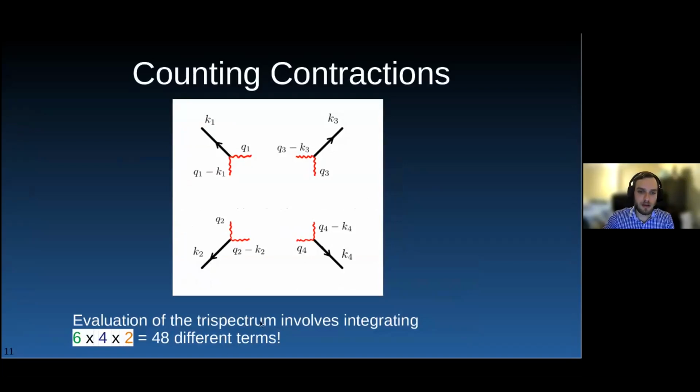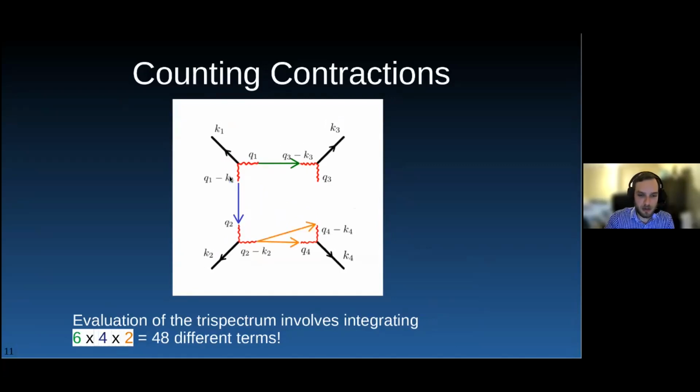So these red squiggly lines, the internal lines, correspond to the gauge field. And if we look at Q1, there are 6 different places with which we can contract to form a one-loop diagram. And once we make a choice, there are now 4 different places to contract the Q1 minus K1 leg.